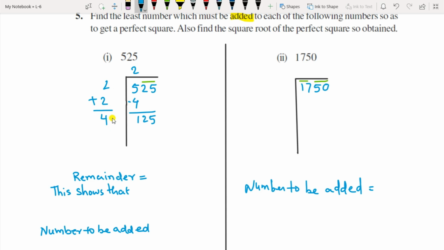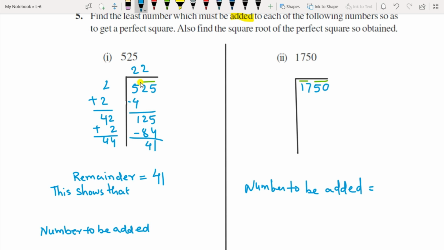Then as usual we take a number whose product is less than this number. So 42 2s are 84. Then subtract, and that gives you 41. So the remainder here is 41. This division shows that 525 is 41 more than the perfect square.